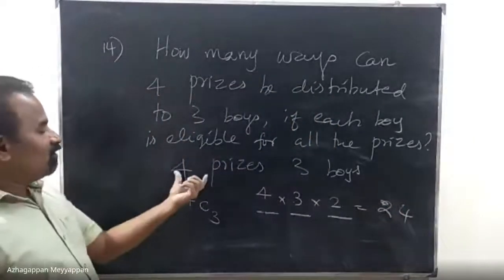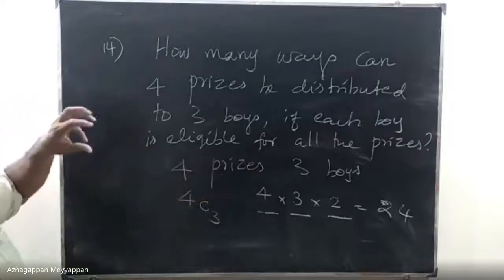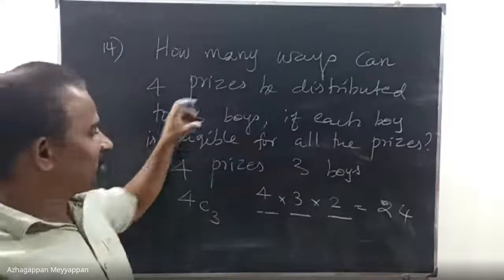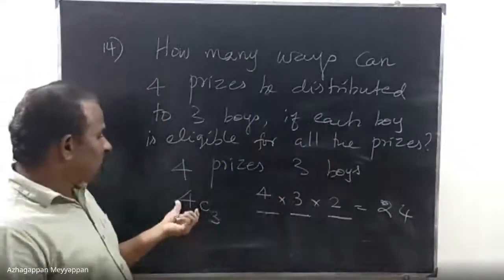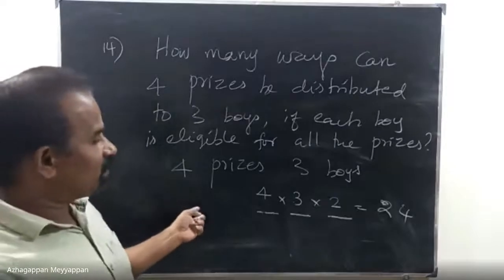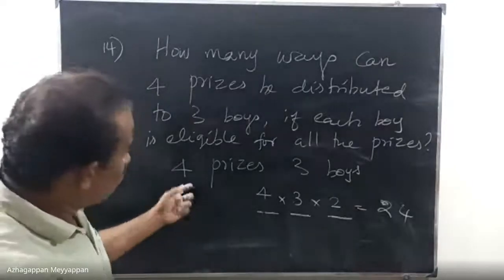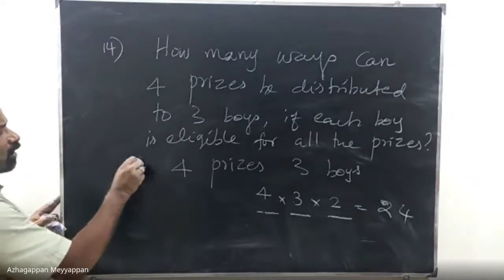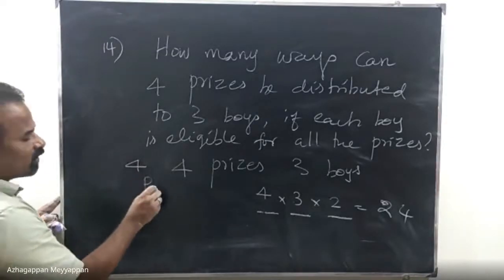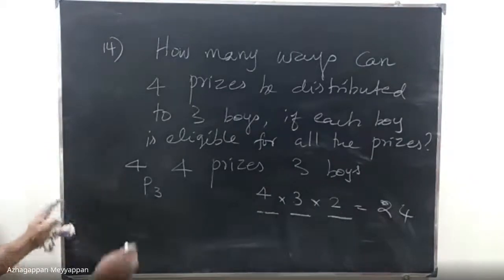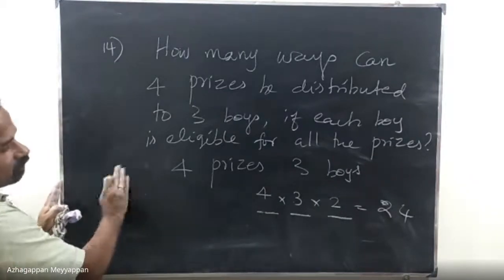Or otherwise we have to select 3 prizes and distribute them. Therefore, this is nothing but, sorry, 4P3. There are 4 prizes. 4P3 will come actually.